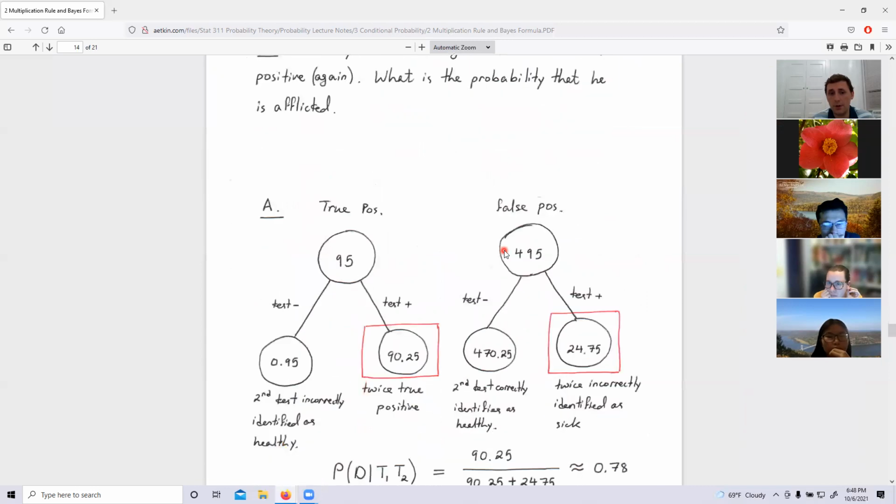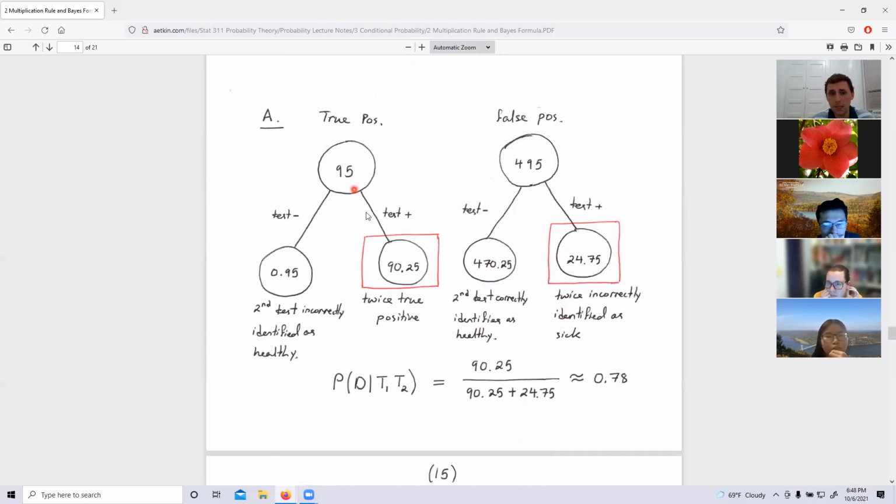Now, if he tests positive again, and he's in the true positive group, out of 95 people, 95% will be tested correctly positive. So he'll be part of this group. Out of 495, if he belongs in that group, only 5% will be tested positive, yes?